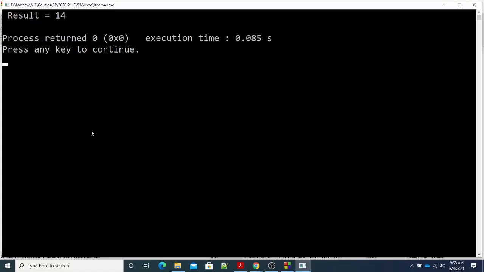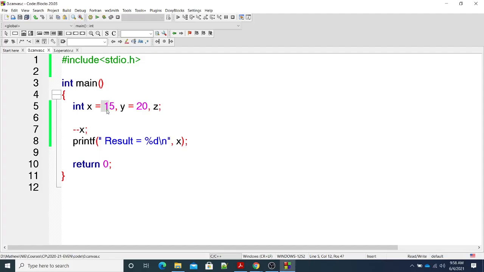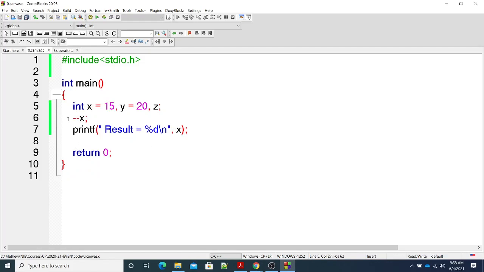It should be 14. The value 15 is decreased by 1, so the result is going to be 14. Okay, that is the basic operation of increment and decrement operators. I add 1 to a variable's value. I cannot apply it to a constant because it works on variables. If I try to apply a decrement operator on a constant, it is not going to work.